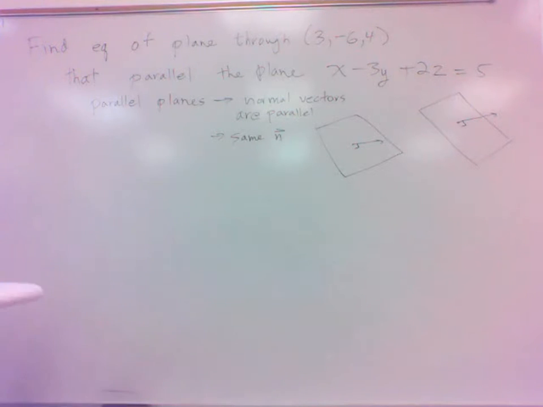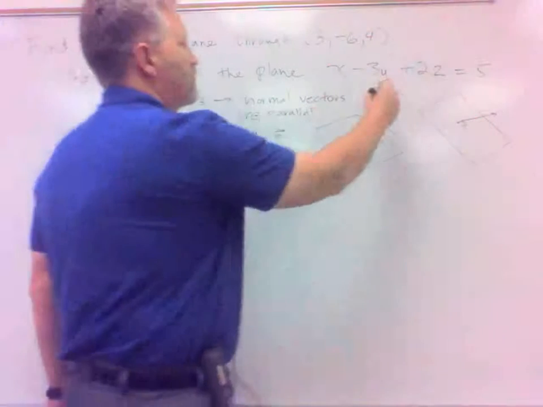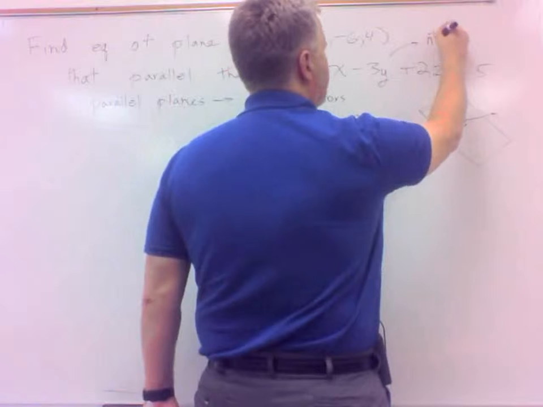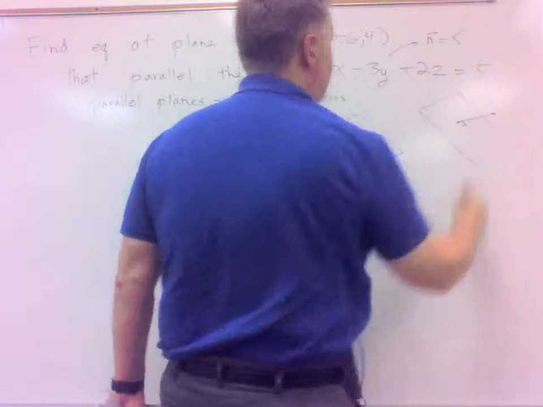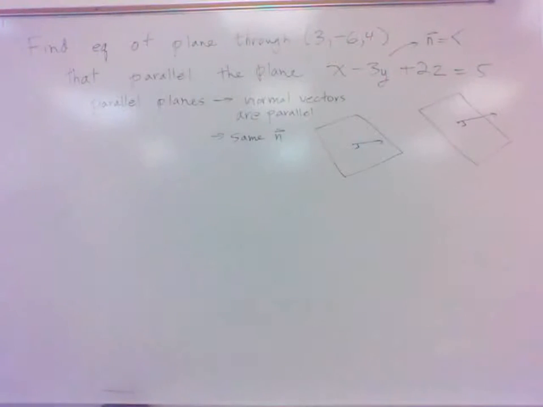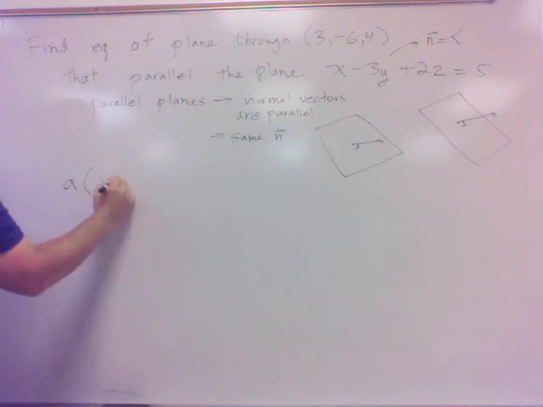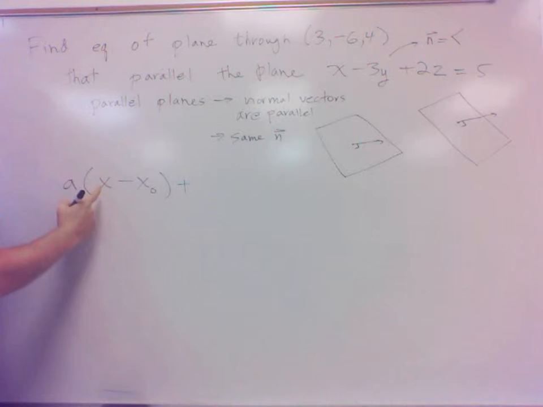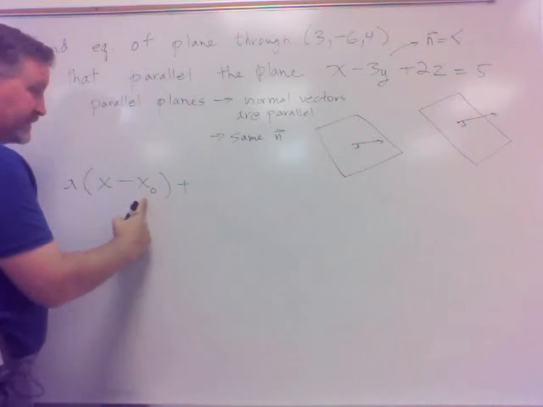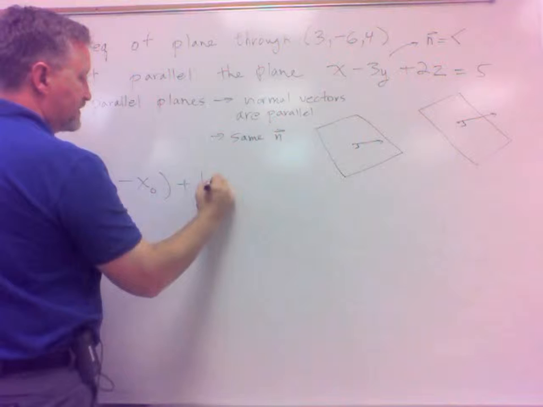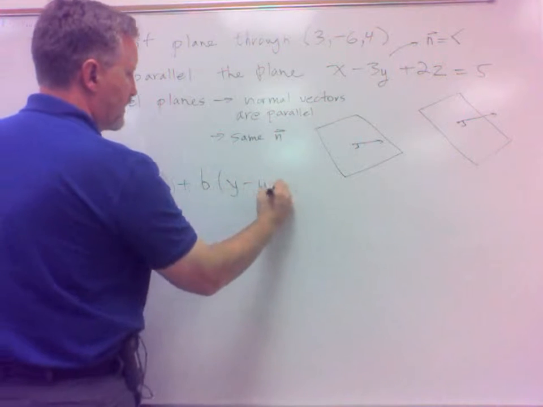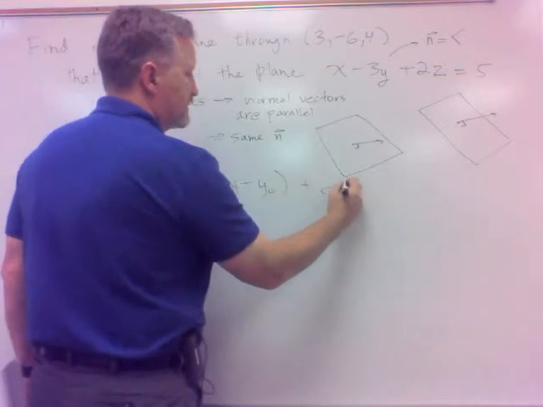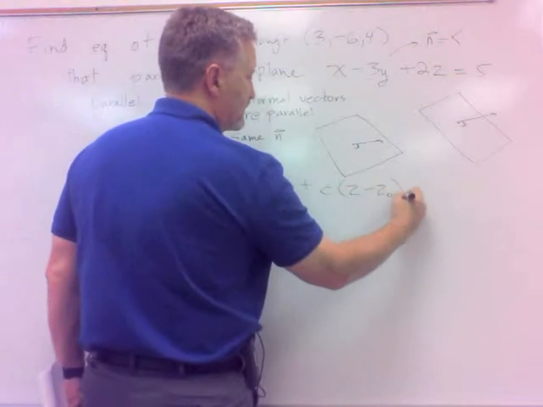All right, with that in mind then, what is the normal vector for the plane here? Well, remember that for a plane we have the usual setup, A times x minus the x value of the point, plus B times y minus y0, plus C times z minus z0 equals 0.